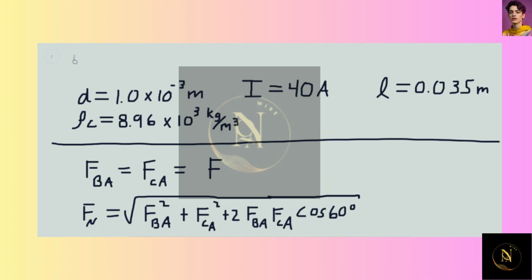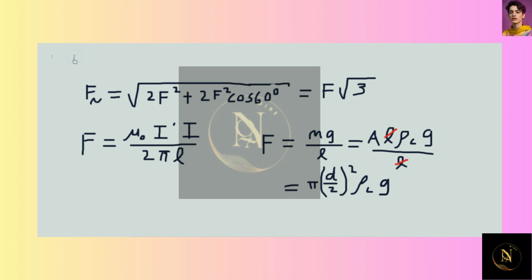If we go all the way back, it's 1 times 10 to the minus 3 meters. So both of these F's have to be equal if this is in equilibrium. So we know both sides of the equation, and we can set them equal to each other and solve for I prime, right? So we set this equal to this value here, and then we can solve for I prime in this situation.